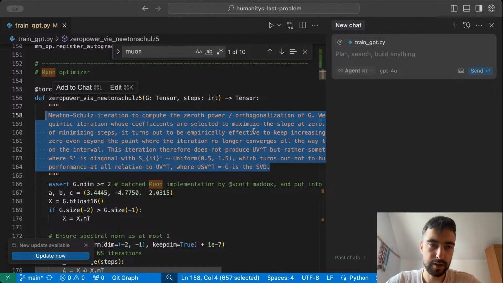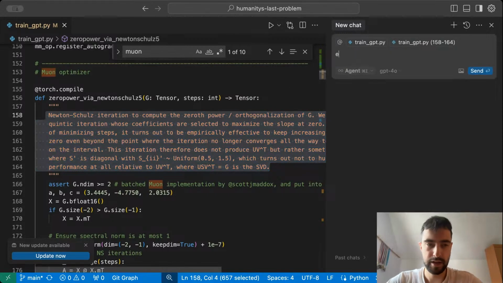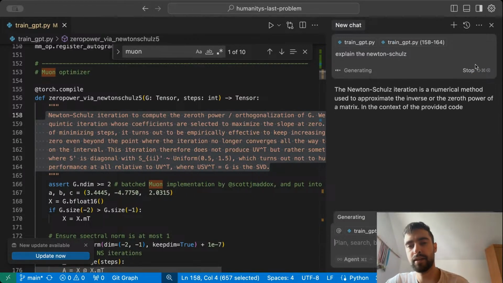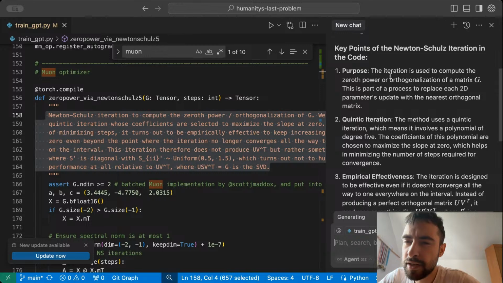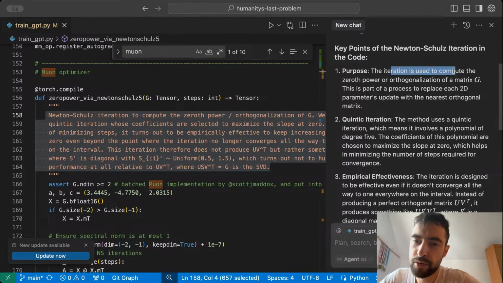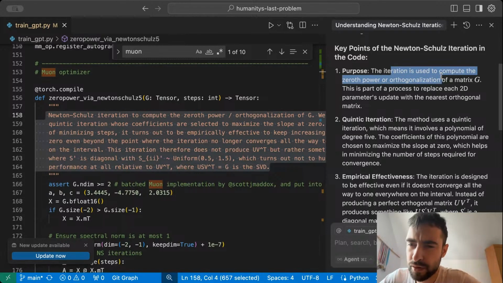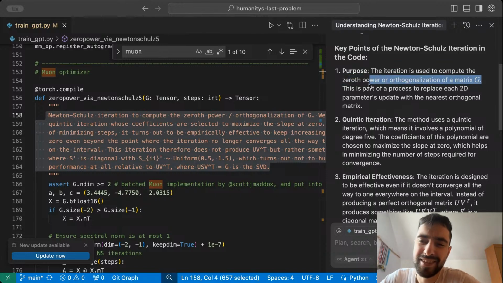Add to chat. Explain this Newton-Schulz, whatever. Just explain it. Okay, purpose. Iteration is used to compute the zeroth power or orthogonalization of the matrix G. What?